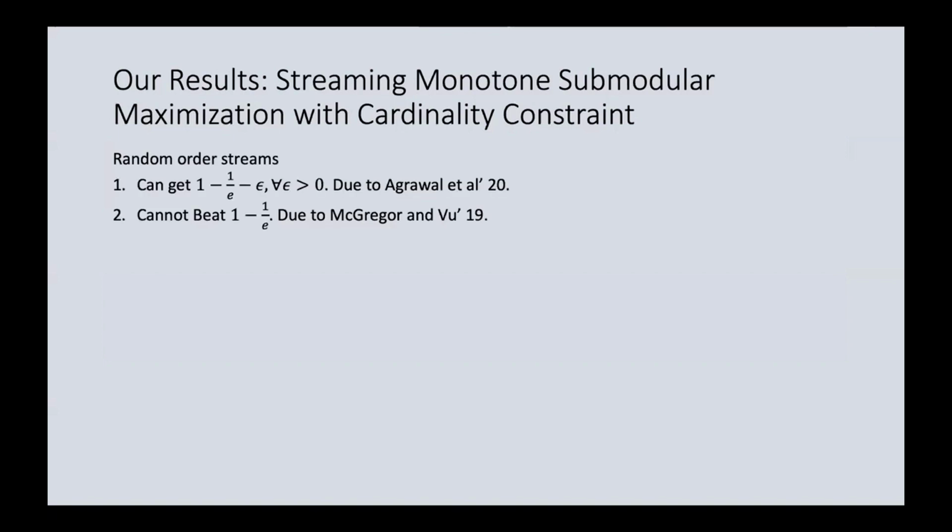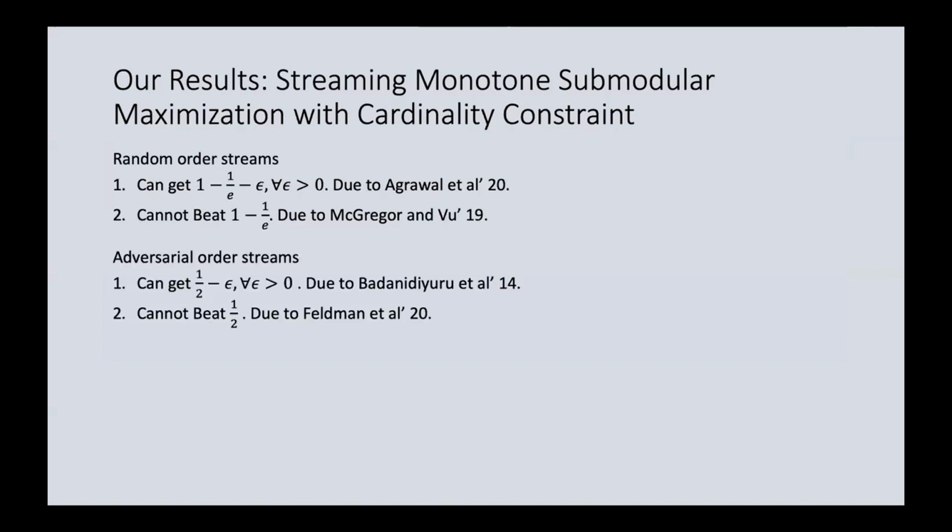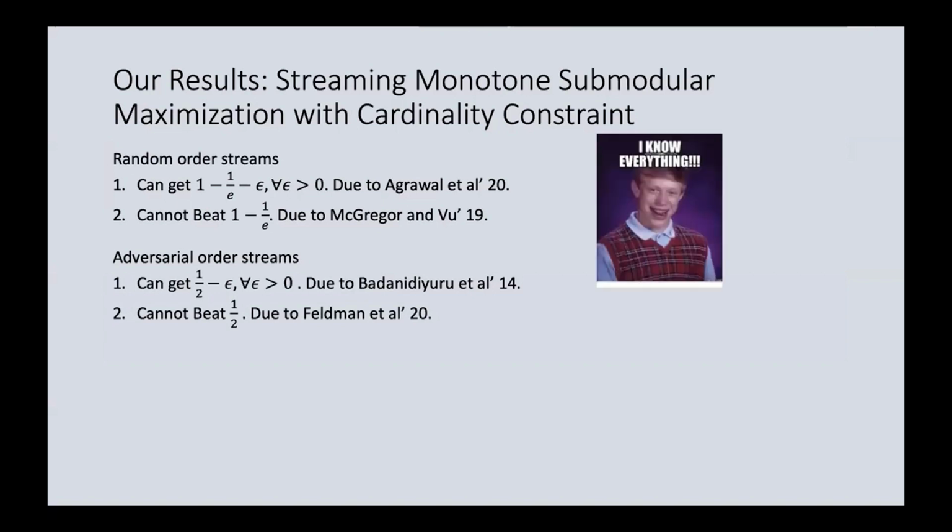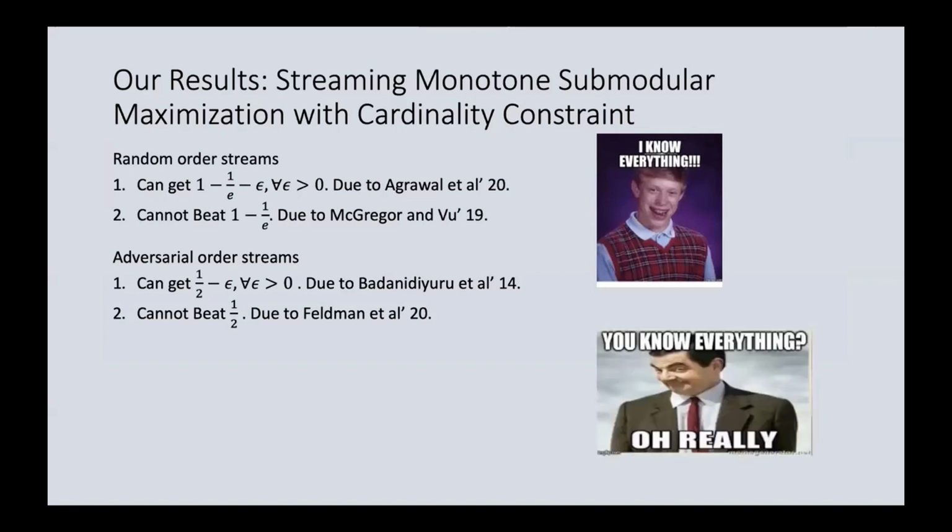So what do we know about submodular maximization? Well, in random order streams, we basically know that the right constant is 1 minus 1 by e. For adversarial order streams, we know that the right constant is half. So this creates an impression that we basically know everything, but not quite, because there's an interesting problem here.